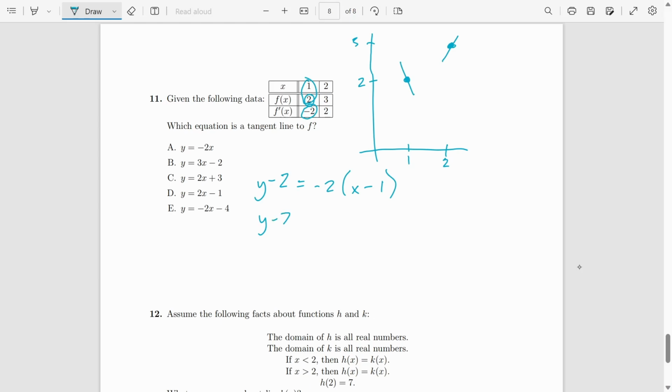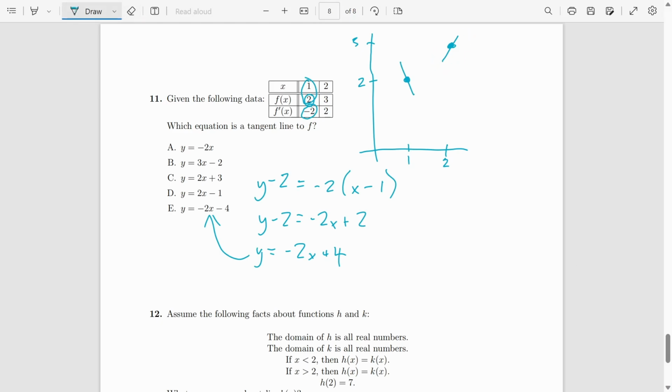So y minus 2 equals negative 2x plus 2, which gives y equals negative 2x plus 4. So that's our first equation. If we see, none of these exactly equal that. So whatever equation is the answer, it's going to correspond to the other point. So let's go ahead and find that.